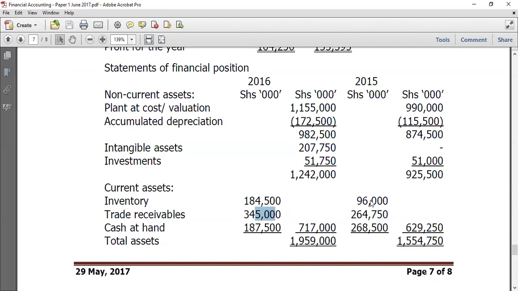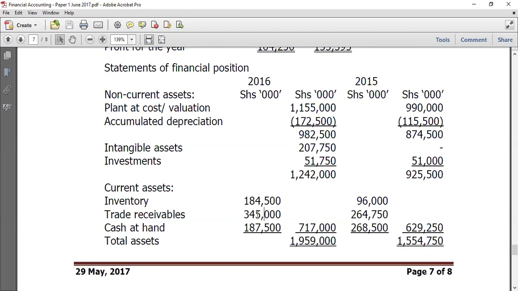Just like the way we had for our inventory. So in most cases, when our current assets are increasing, it means that it is a cash outflow, okay? So I'll get the 264,750, subtract it from 35, and we'll record this as a cash outflow, okay?